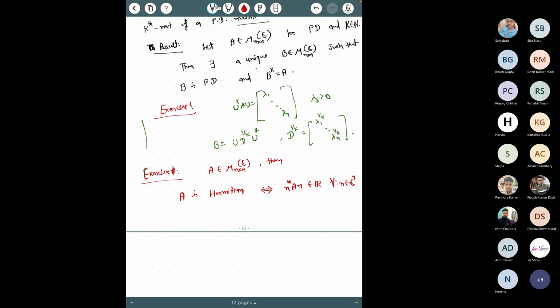Okay, so this says that if you have a Hermitian matrix, then whenever you do this x star Ax for any vector x, this is real, and the converse is also true. So this also I give you as an exercise. This also you can try to prove.